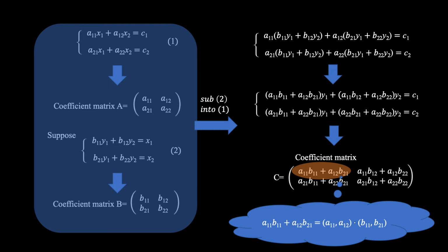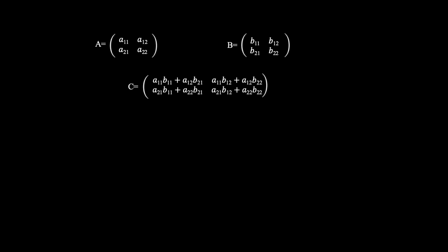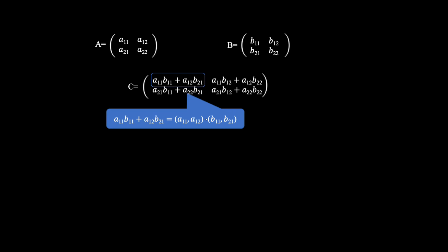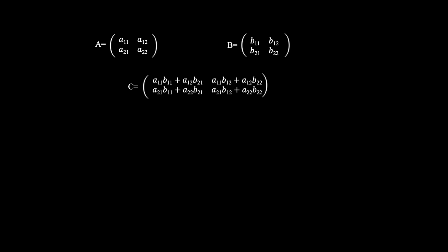Let's verify this by looking at the other entries of C. Let's check it one by one. We have already verified the first row, first column entry of C, so let's jump to the next one.